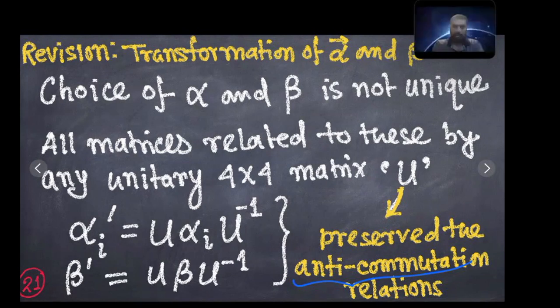To represent an arbitrary rotation or transformation mathematically, we can use a matrix, and this matrix should be unitary. That ensures the anti-commutation relation of alpha and beta is preserved, which we get by definition from the Dirac equation.